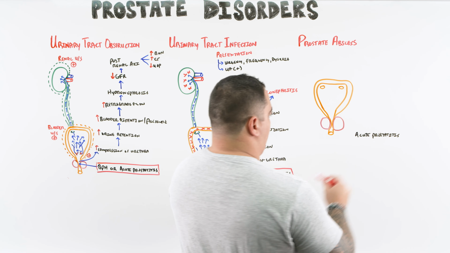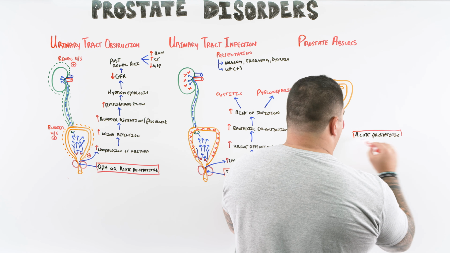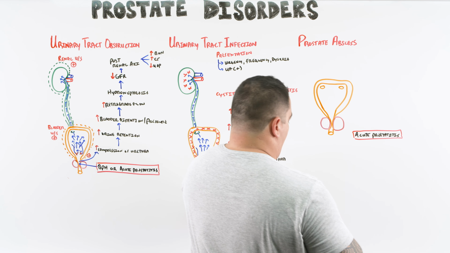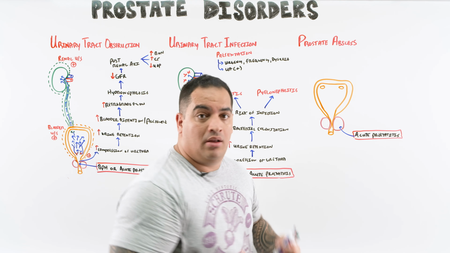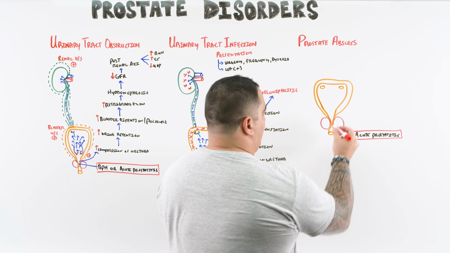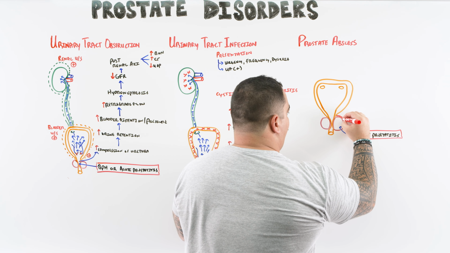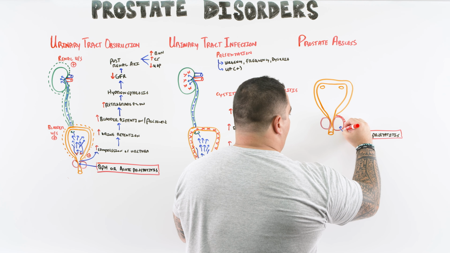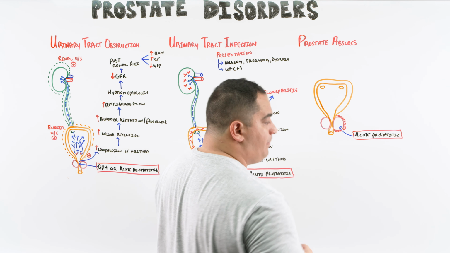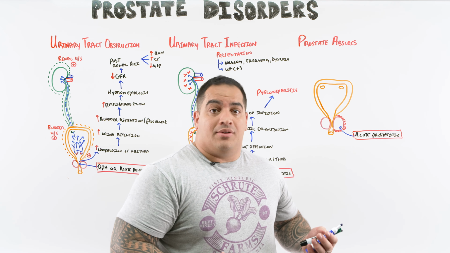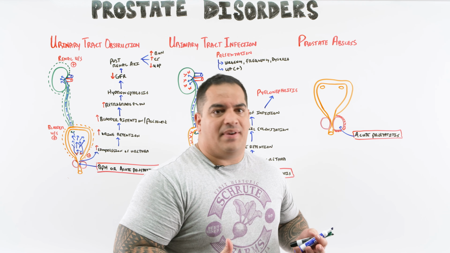What happens with this one is it causes an acute infection, and this infection will cause just primary involvement of the prostate gland, right? This prostate gland will get crazy inflamed, and we talked, you can get fevers, you can get leukocytosis, you can get pelvic pain, urgency, frequency, dysuria.